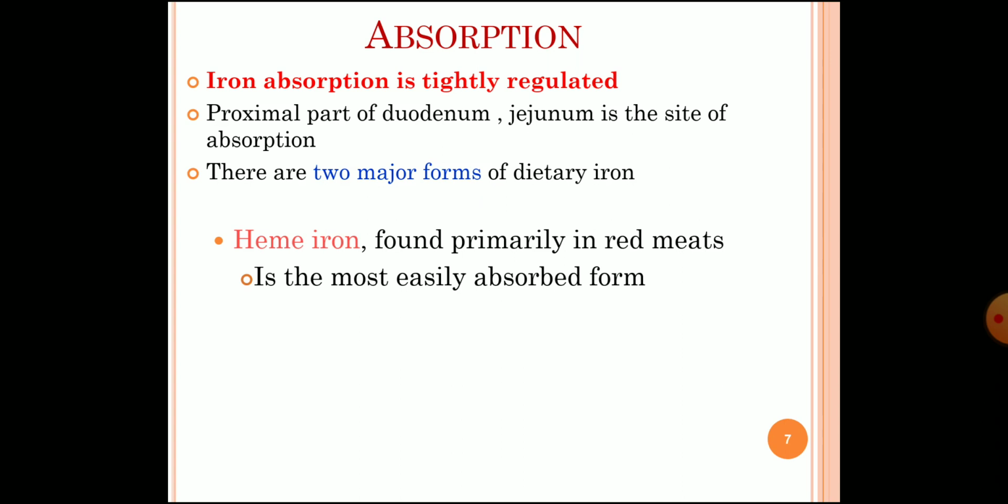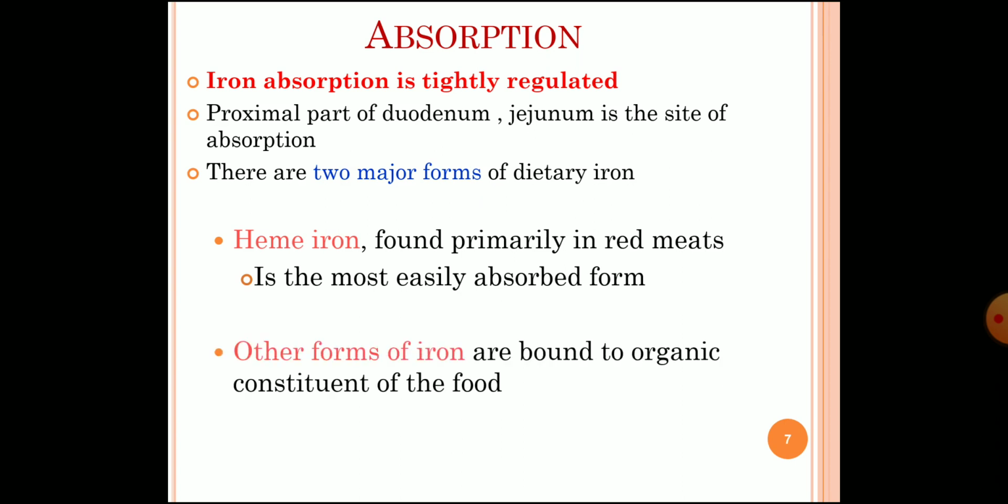Next are the other forms of iron, which are bound to organic constituents of the food, sometimes to proteins. And heme iron, which is obtained from the non-veg diet, that is the meat, is easily absorbable.